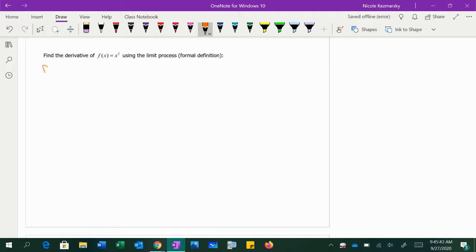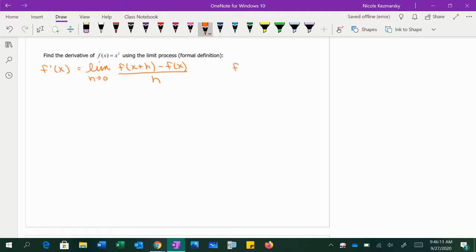So to find f prime of x, I'm going to say this is the limit as h approaches 0 of f of x plus h minus f of x all over h. So it's just copying that definition of the derivative over again.